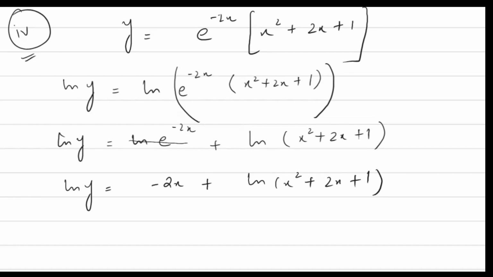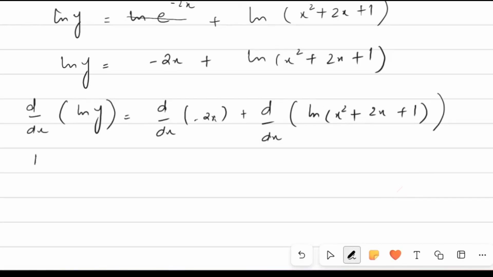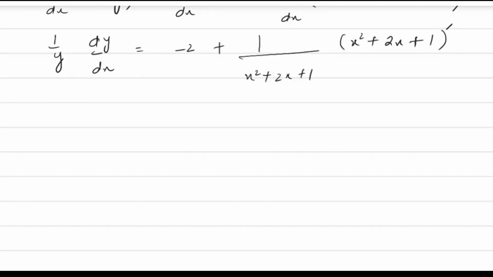Taking derivative on both sides of the equation, so it would be 1 upon y dy by dx. Derivative of minus 2x is equal to minus 2 plus ln x square plus 2x plus 1 is equal to 1 upon x square plus 2x plus 1, and derivative of this function x square plus 2x plus 1.